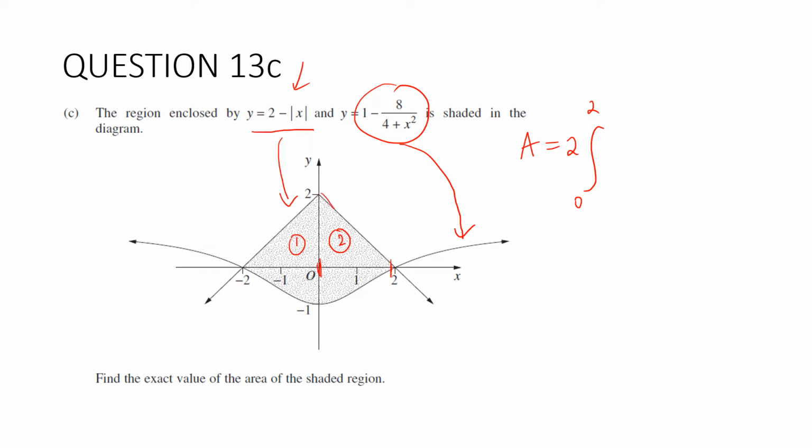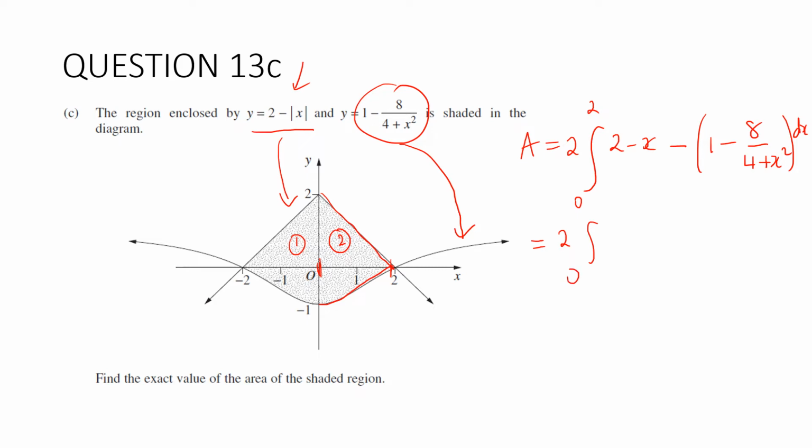I want this here. That's going to be 2 minus x, take away this bit here, which is 1 plus 8 on 4 plus x squared, dx.